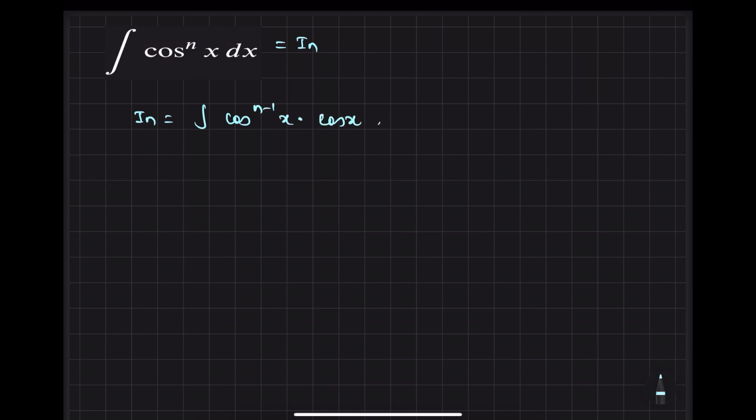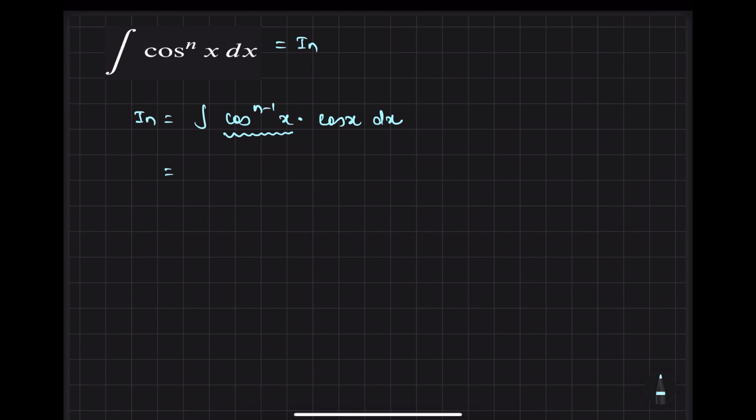Now you know that we have to take as the first function the function whose differentiation is easy. If you observe this function, its differentiation as well as integration both are easy. But if you observe this function, its differentiation is easy, but we don't know the integration. If we knew the integration, we could directly find the formula of In.